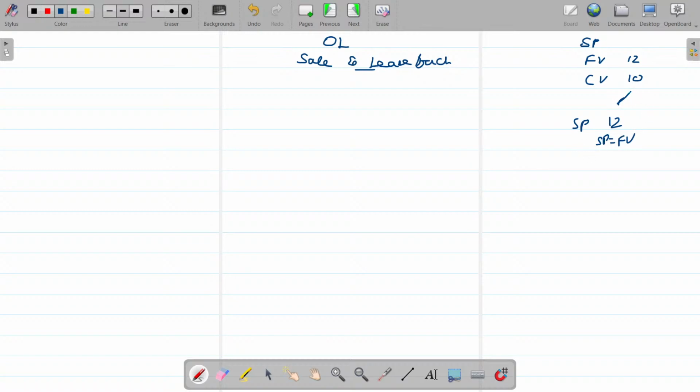Now the next question. Will you sell for 11? See, two buyers are there. Buyer A is willing to pay 12 rupees. But buyer B says, I will give only 11 rupees. Now, to whom will you sell?